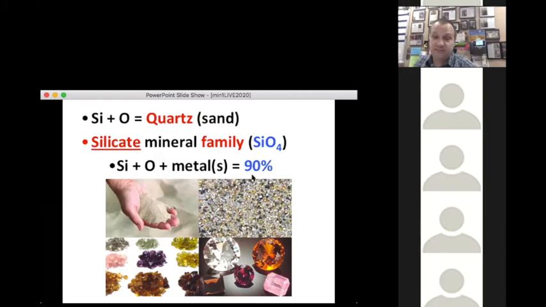Of all the minerals on Earth, and there are over 3,000 different minerals, 90% are silicates. It's the most important family because it's most of the minerals.